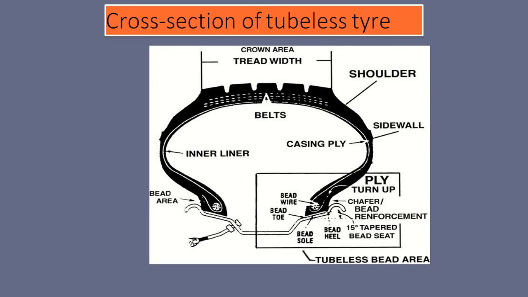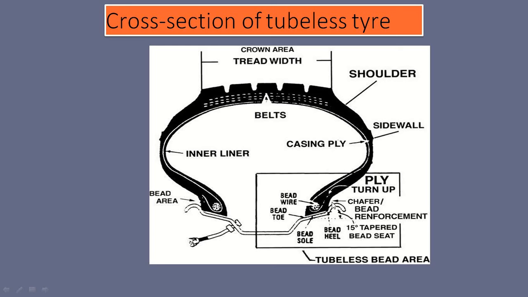In the cross section of the tubeless tire, you can see the bead, and this is the rim part of the tubeless bead area. It shows the bead wire assembly, bead toe, bead sole which is flat enough, and bead heel which is provided at the corner.